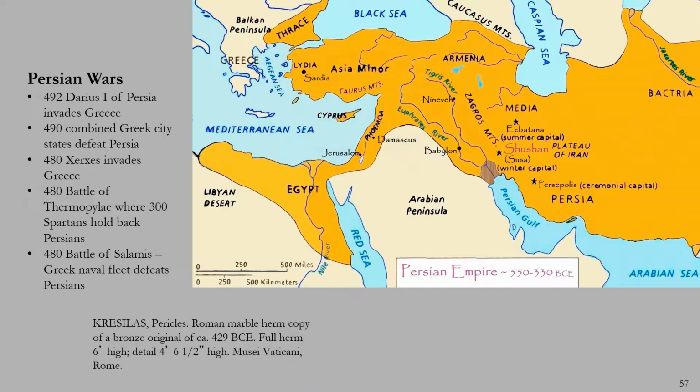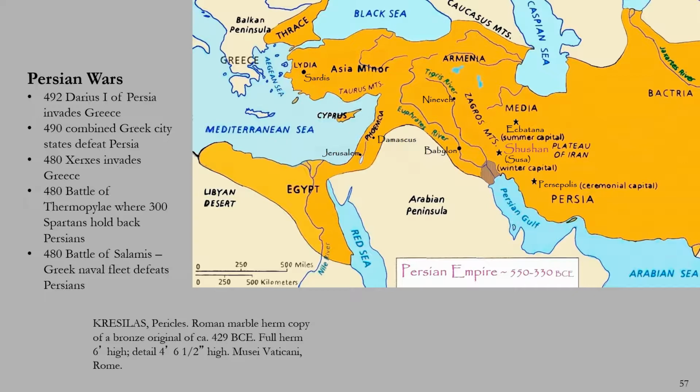Okay. Let's talk about the Persian Wars. The Persian Empire was massive. It was an empire that stretched through a huge chunk of Asia, through the Middle East, into Egypt.